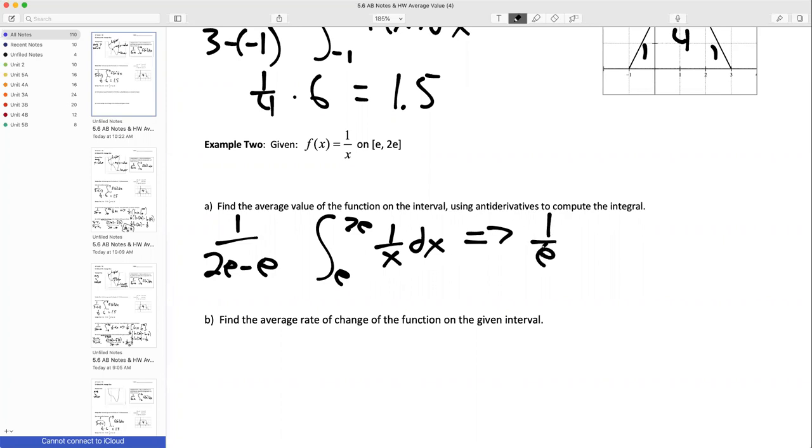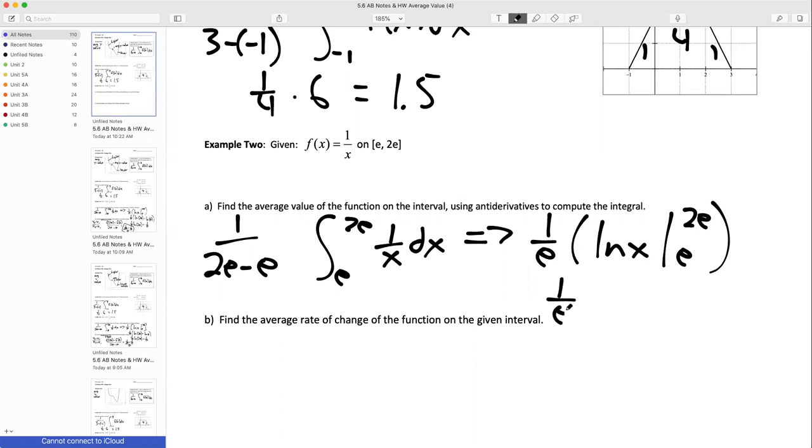And now I need to integrate. What is the antiderivative of 1 over x dx? It's the natural log. So I've got ln of x evaluated from e to 2e, and this 1 over e is multiplied times all of it. So I'm going to plug in my bounds and then distribute.